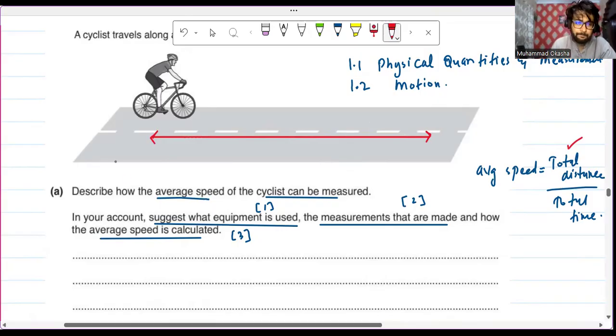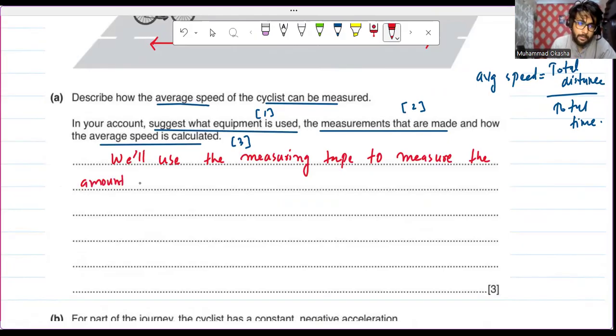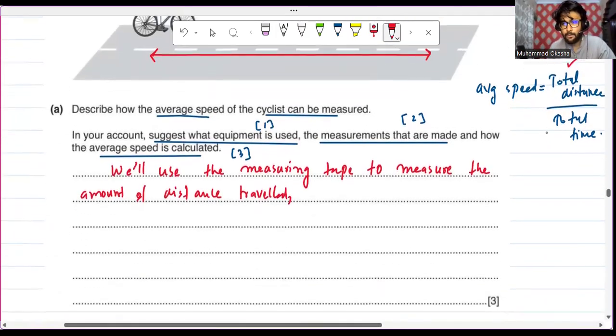So we'll say we will use the measuring tape to measure the amount of distance traveled. And you also have to measure time as well.